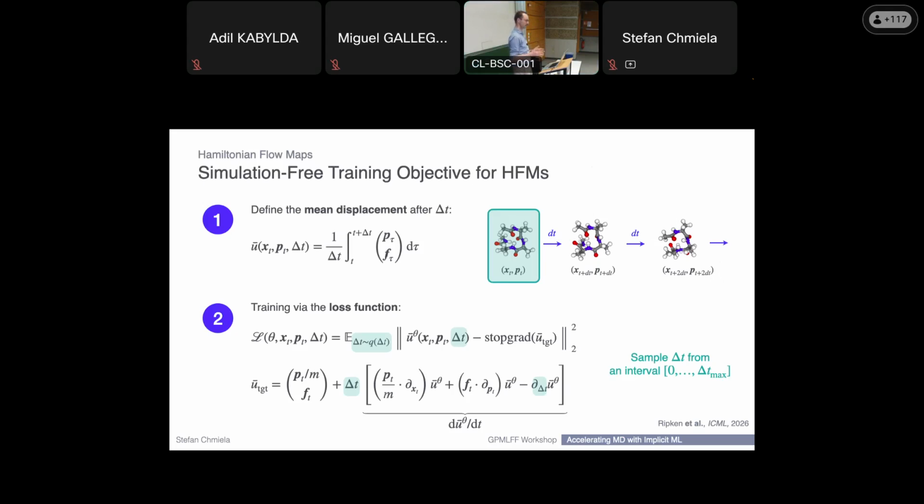We can simply sample from our interval, and it's limited by this maximum time horizon that is determined by the onset of chaotic behavior in MD. So it's usually quite short, but it's still higher than the initial high-resolution MD time step.